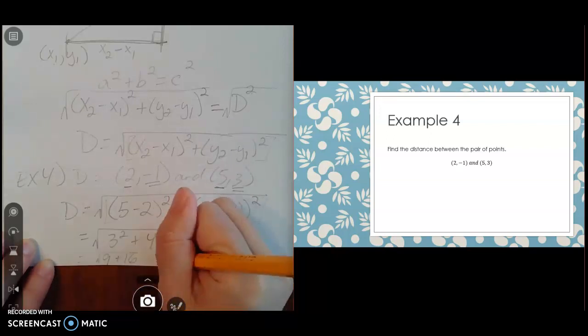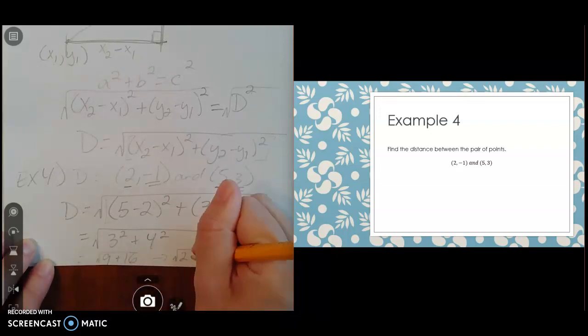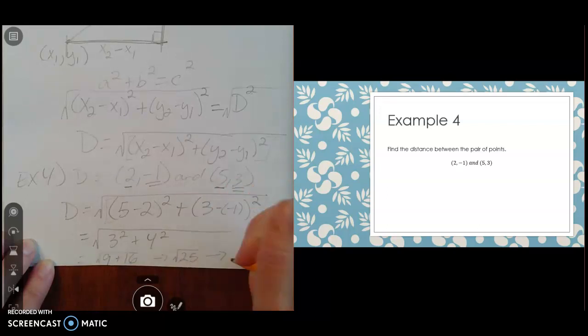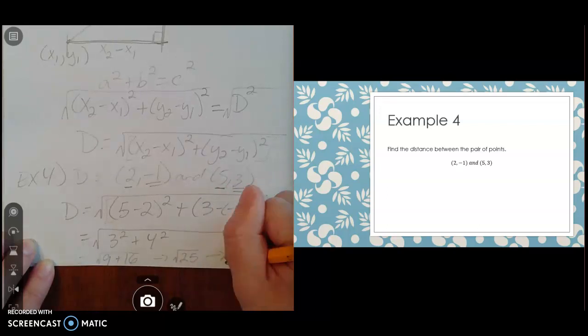Now I've got 9 plus 16, which is 25. Then I take the square root of 25, which is 5.